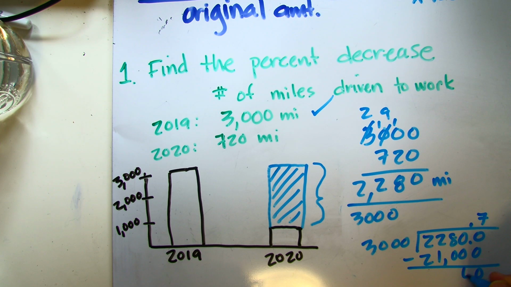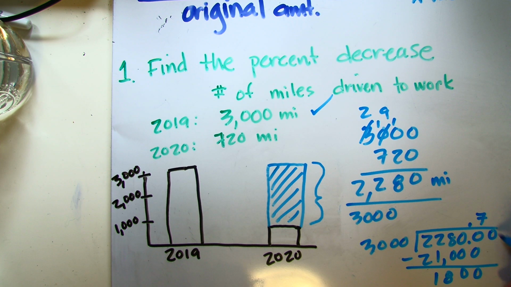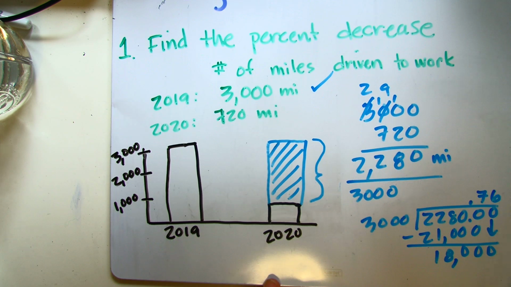When I subtract, I get 1,800. I need to add another 0 and bring that down. Now I have 18,000. Now I know 3 will go into 18 6 times. So 6 times 3,000 is going to give me 18,000 exactly.